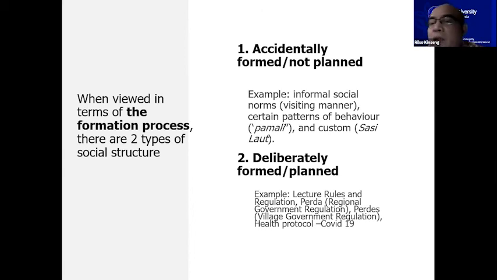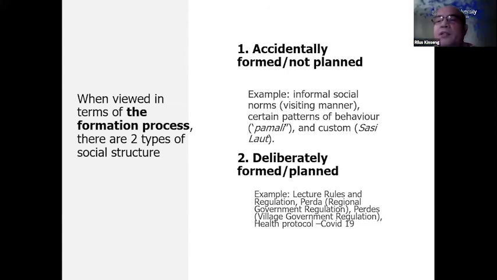Examples are many. For example, the regulation regarding our behavior during the pandemic is all planned. The way we interact, that we should not be close to one another, is produced by the government, and we obey it.